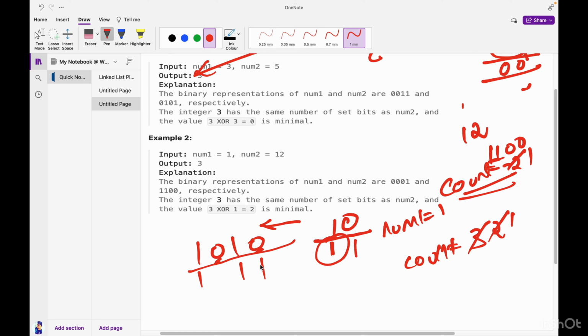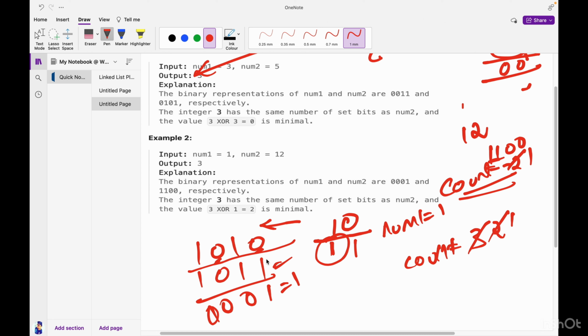Now why am I putting 1 on this side? Because when we do XOR, this is the only answer. When we do XOR, it will become 1 0 0 1 0. Answer will be 1. It will give us the minimal XOR. We don't have to find the minimal number, but it will give us the minimal XOR.